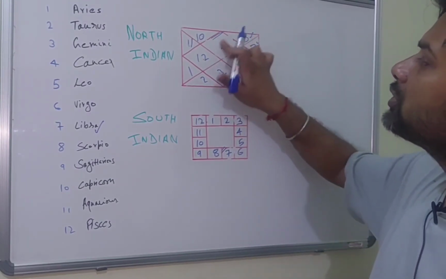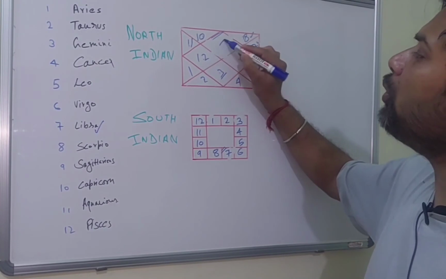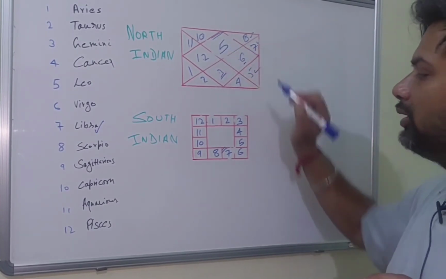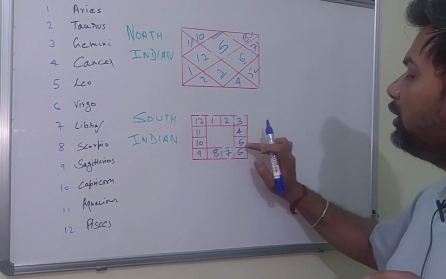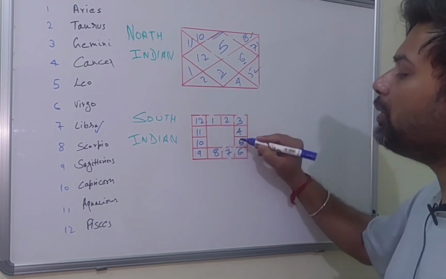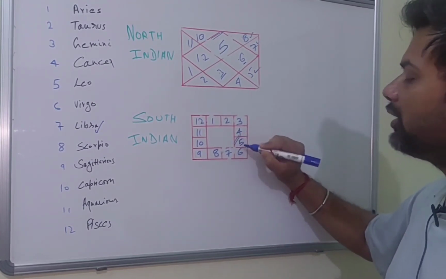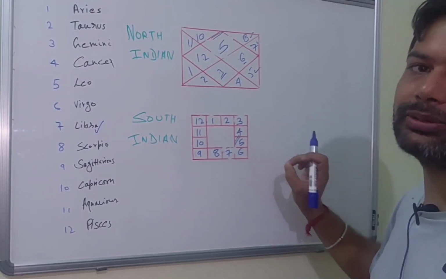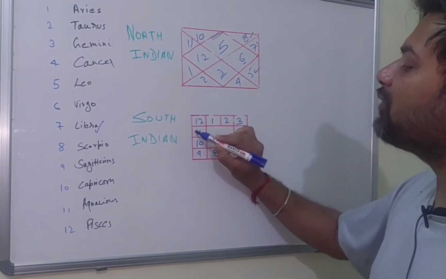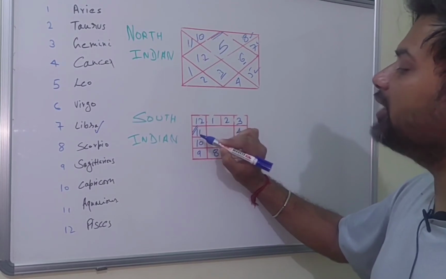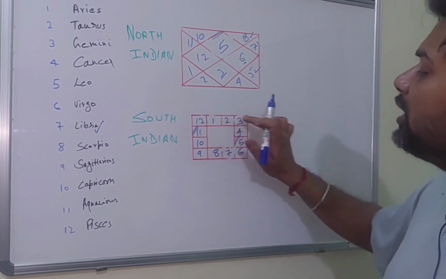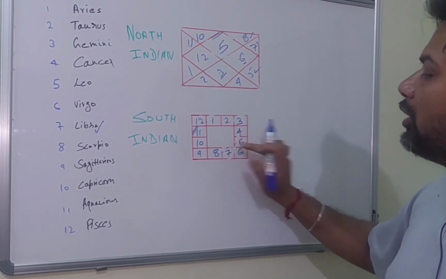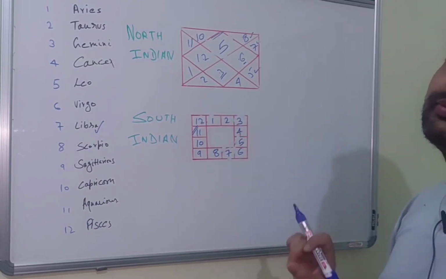Now suppose it's a Leo Lagna Kundali. So Leo is here, so we will put two lines here. This will denote that this is a Leo Lagna Kundali. Similarly, if Aquarius, then we will put two lines across Aquarius. The counting remains the same. The only difference comes of Lagna.